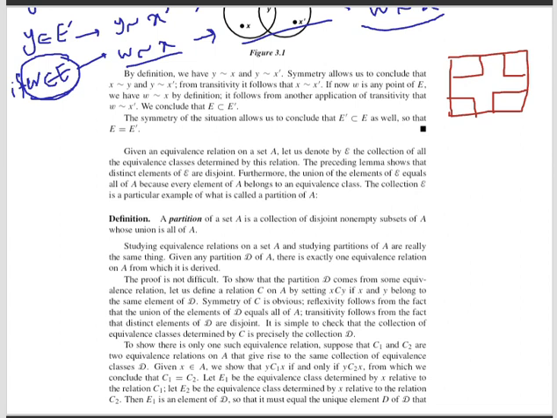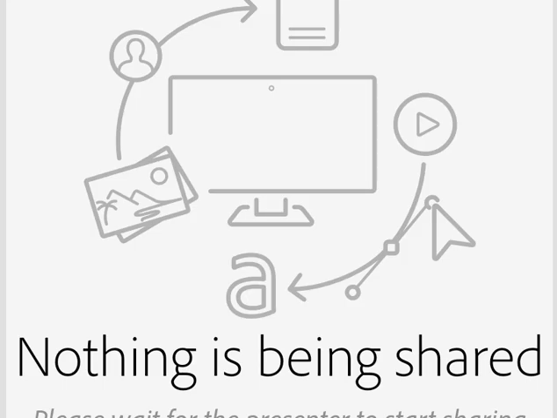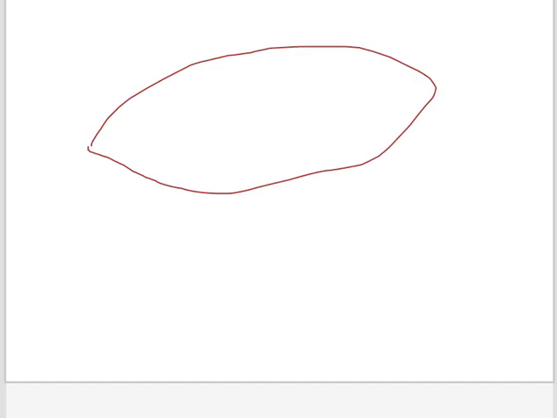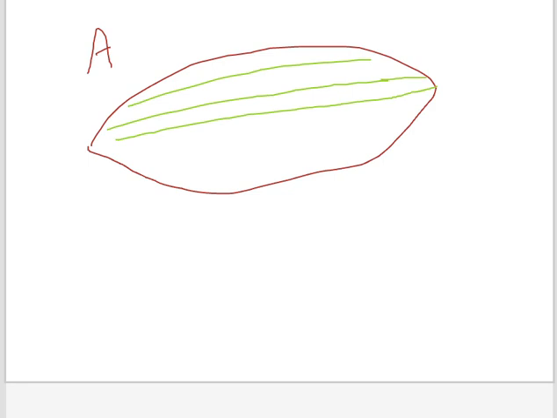We have the same notion of partition for a set. What does it mean? A partition of a set A is a collection of disjoint non-empty subsets of A whose union is all of A. I explain it here. For example, this is a set A. I can choose this partition.